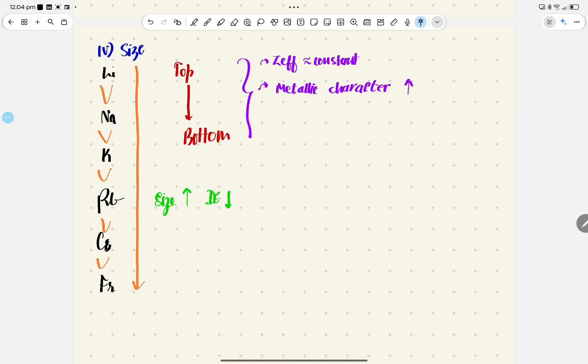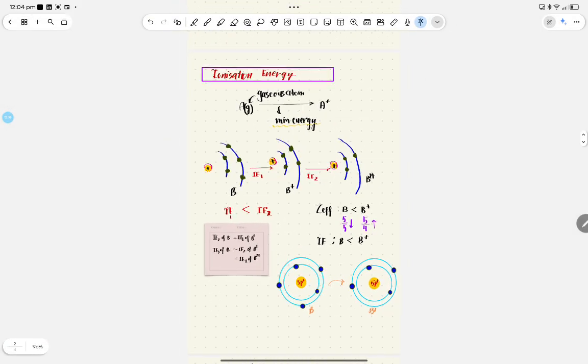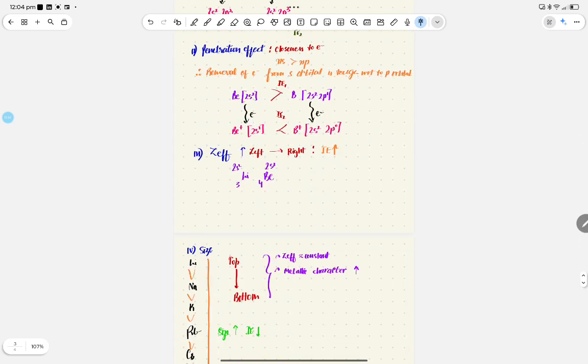What defines a metal? If an element has a tendency to lose an electron to form positive ions or cations, that is what makes an element a metal. So if it is able to lose an electron easily, it has more metallic character.